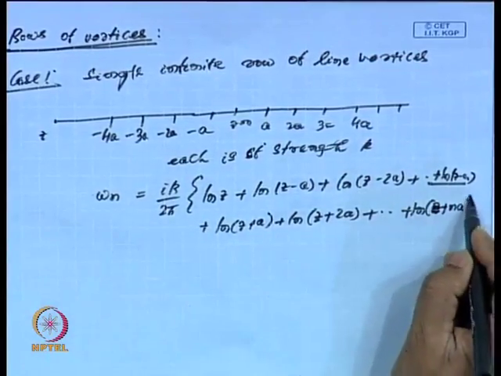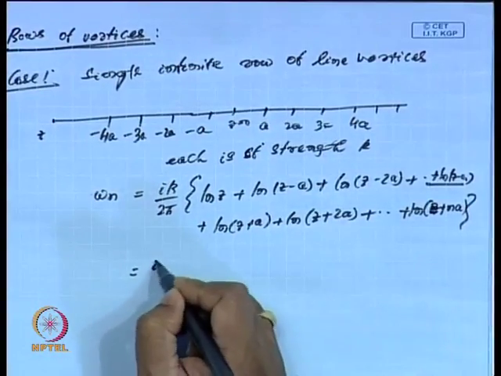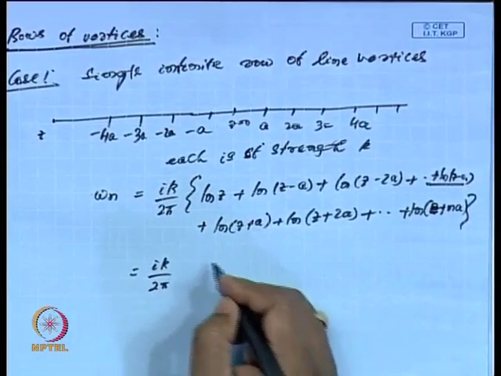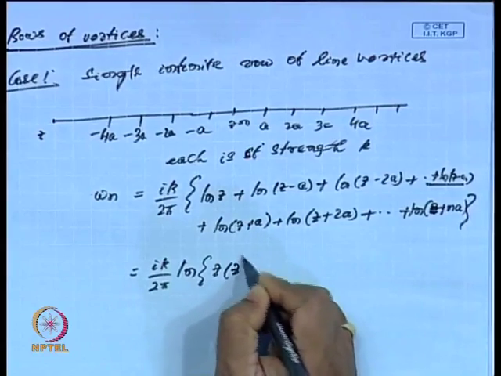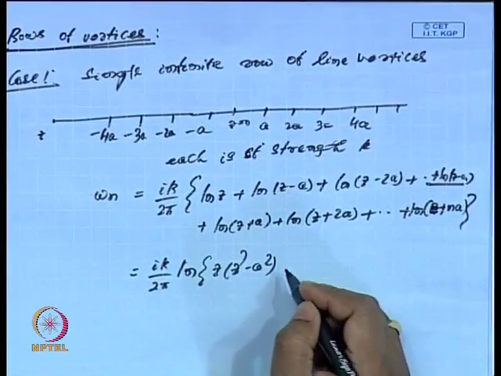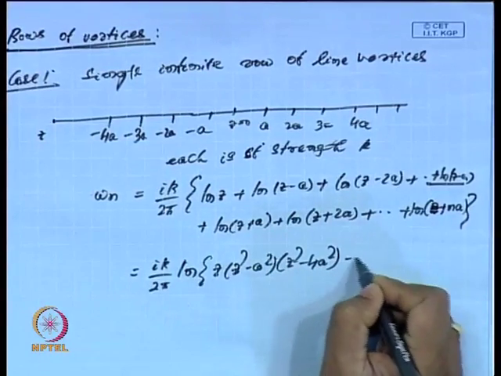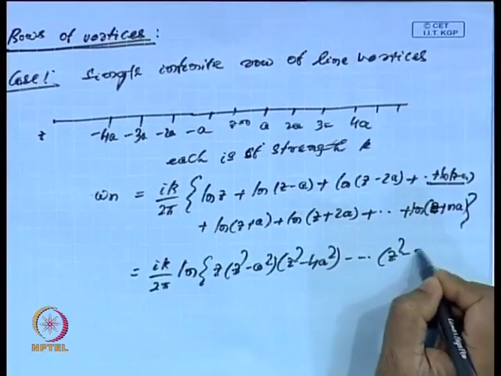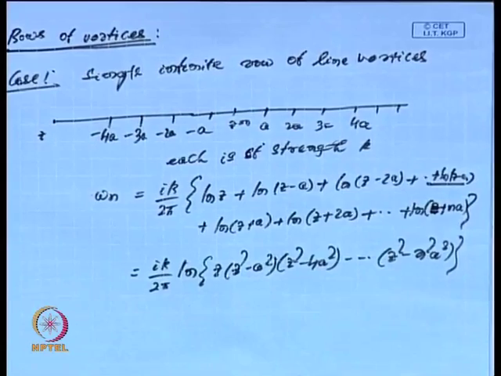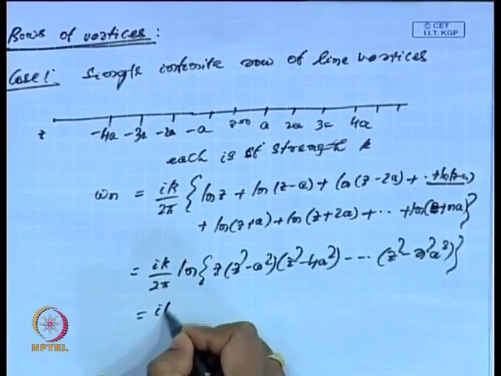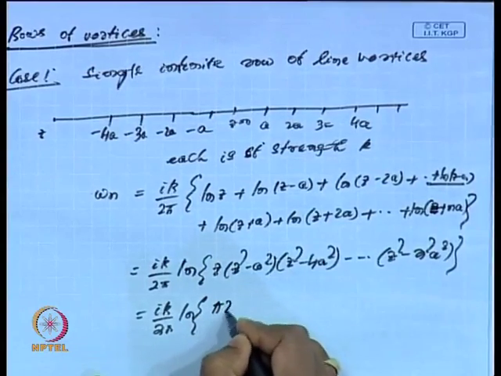And if I look at this, what will it give me? It will give me ik by 2 pi log z into z square minus a square into z square minus 4a square up to z square minus n square a square, and this can be written as ik by 2 pi log of pi z by a.